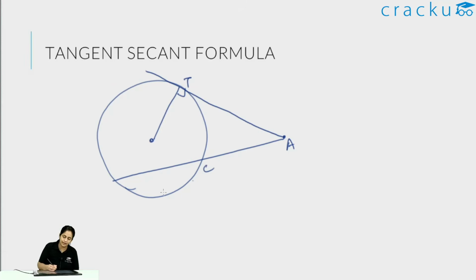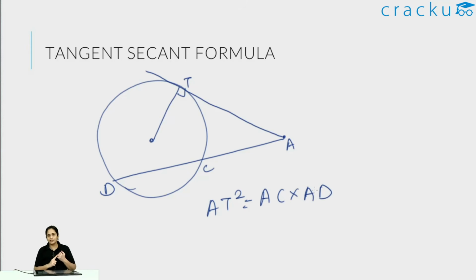Suppose these are C and D. According to the tangent secant formula, AT square, the square of the length of the tangent, is equal to AC into AD. Whenever you see a secant, and you are required to find the length of any part of the secant, generally you will be asked the length of the chord, and the length of the tangent is given.